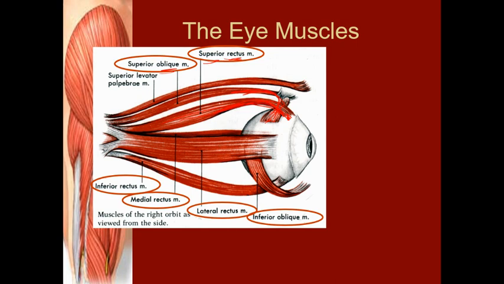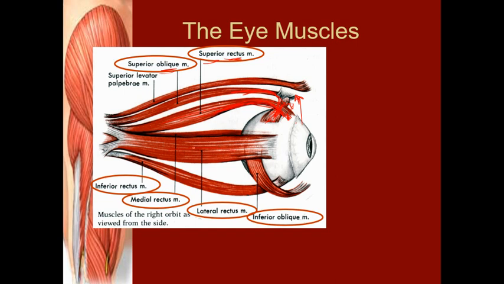So when I move my eyes, I can look up, I can look down, I can look side to side, but I can also look at angles, and I can also turn my eyes around in circles. That's what these obliques help to do. So they help to make those other angles. The superior rectus just kind of raises, right? By itself it would raise. The superior oblique is going to allow for it to go at an angle. And those working together allow all kinds of different angles.